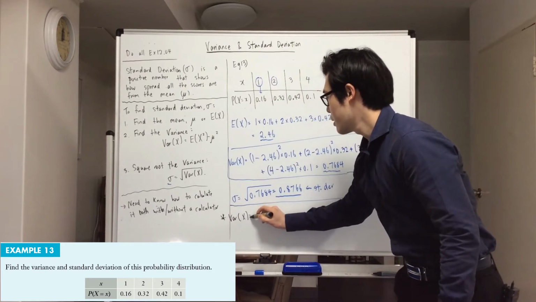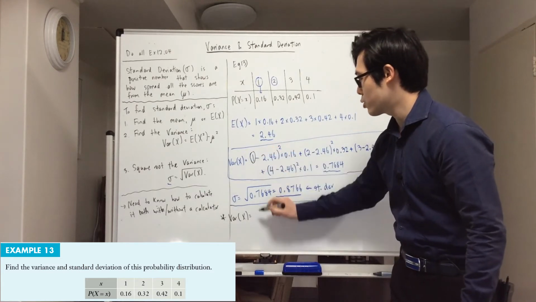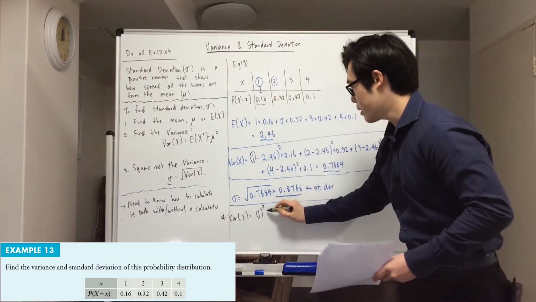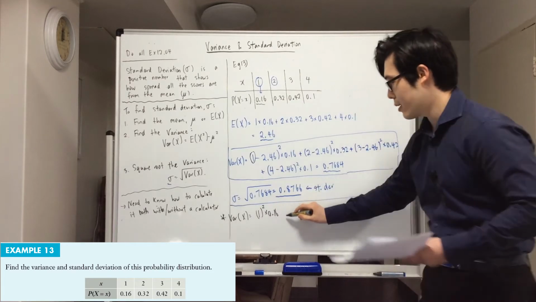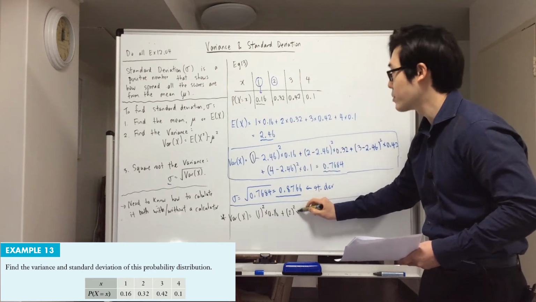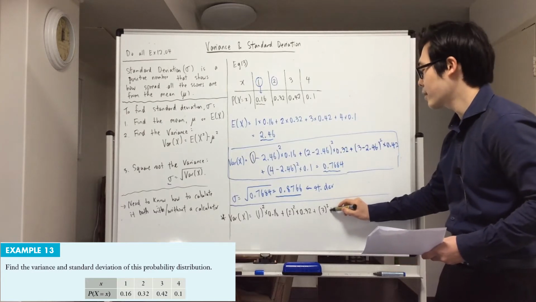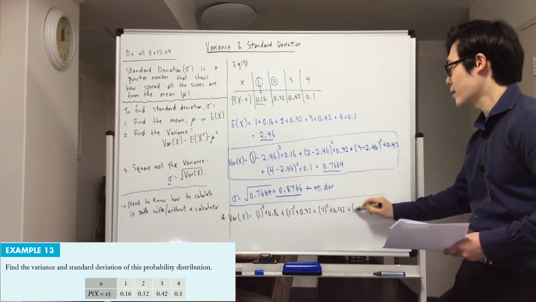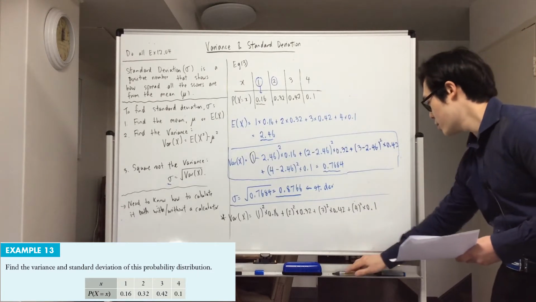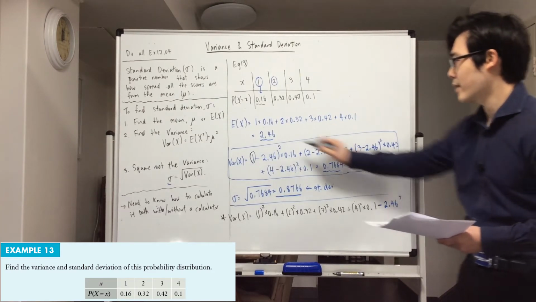Variance is, instead of doing the score take away the mean, you do just the score squared, times the assigned probability, and then plus the next score squared times the probability, plus the next score squared times the probability, plus the last score squared times the probability, and then at the end you take away the mean squared. That's the mean, remember?